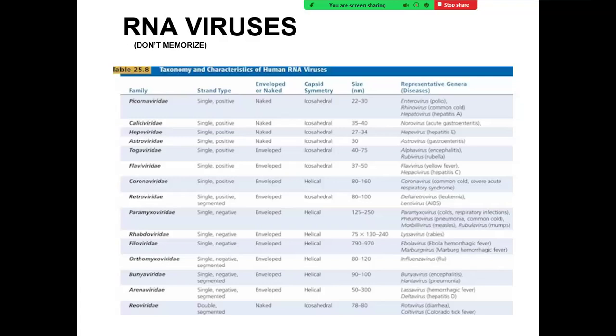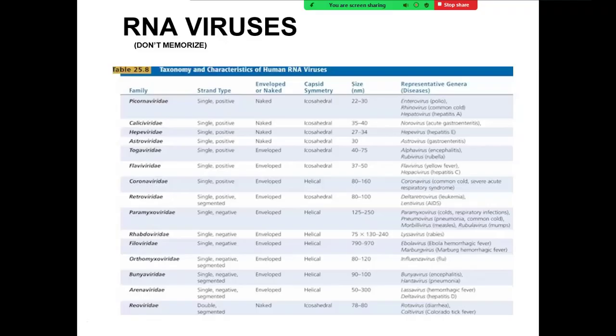There are 11 or 12... I counted 15. 15 families of RNA viruses that infect humans and cause disease.